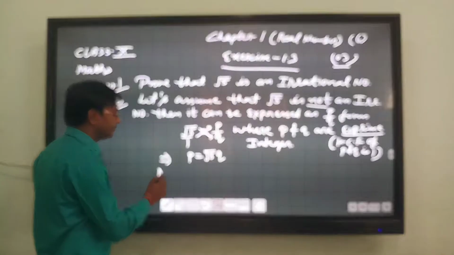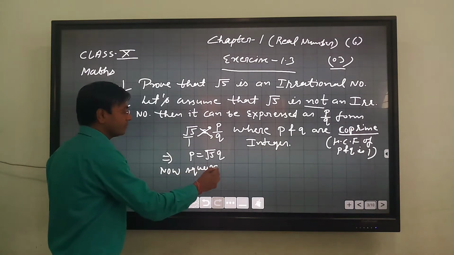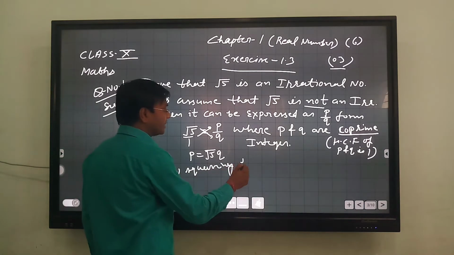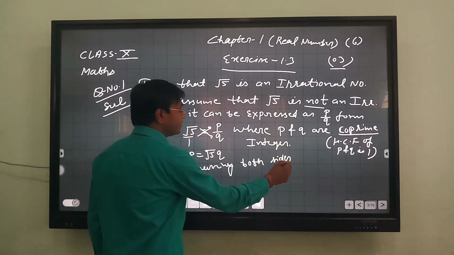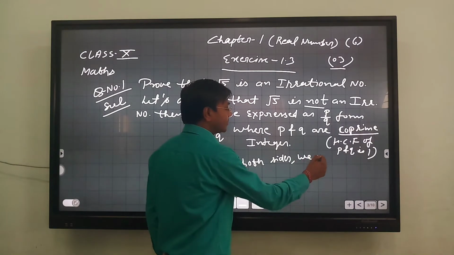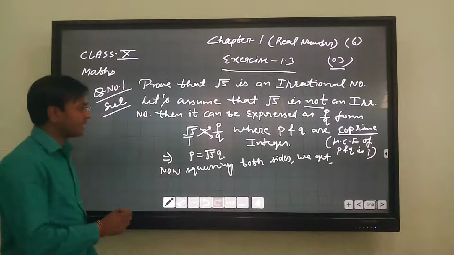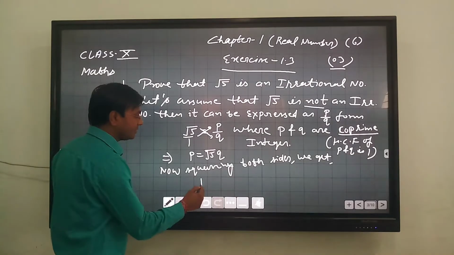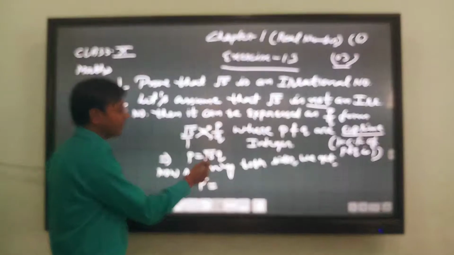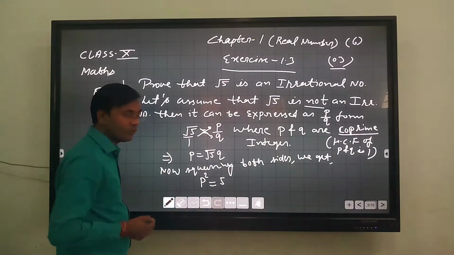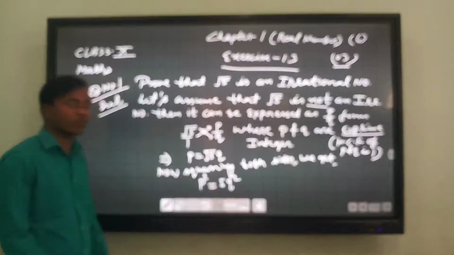Now squaring both sides, the square of p is p square, the square of under root 5 is 5 only, and the square of q is q square.